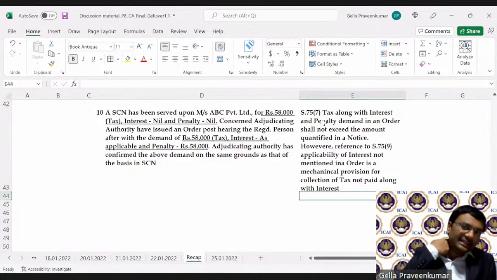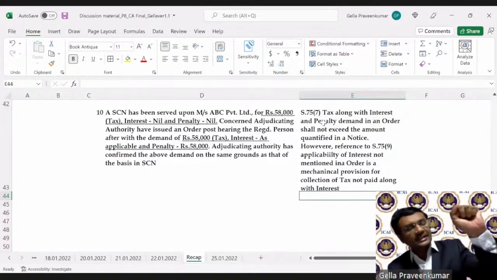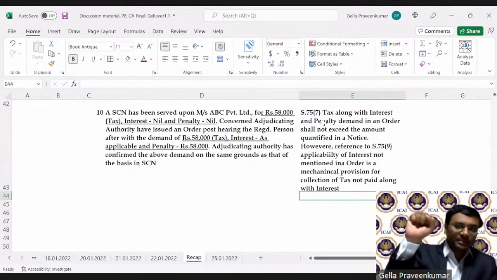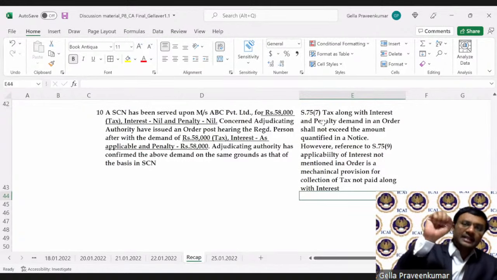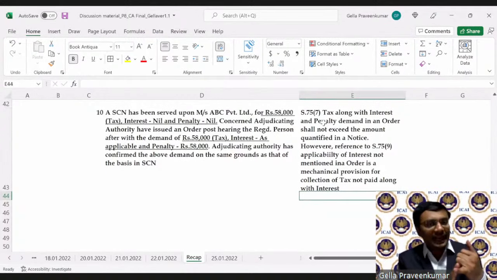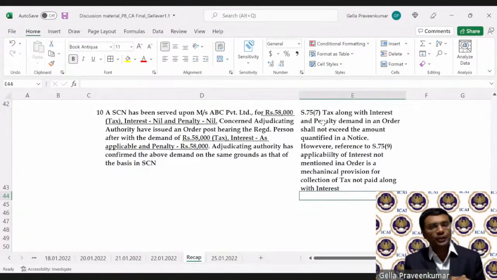So what section 75 says, students, first and foremost, when a show cause notice is given, the demand as per the show cause notice should match with my order. The adjudicating authority cannot raise a demand beyond it. Now, in this case, what happened? Interest as applicable, penalty 58,000. This officer went beyond the demand as per my show cause notice.